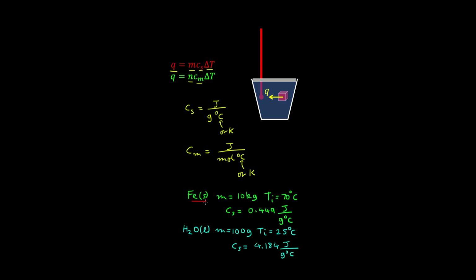Then the heat flows from the hotter body, being the iron block, to the water. And that causes an increase in the temperature on the thermometer.